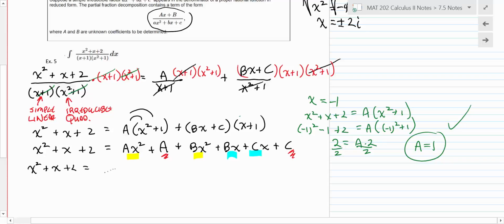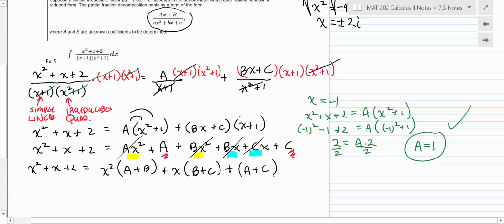So I'm going to factor an x squared out, and that's going to be x squared times a plus b. And that'll take care of those two things. Then I'm going to factor out the x here, so that'll be plus x times b plus c. And then that leaves me with a plus c, like that. Okay? Everybody okay with that?